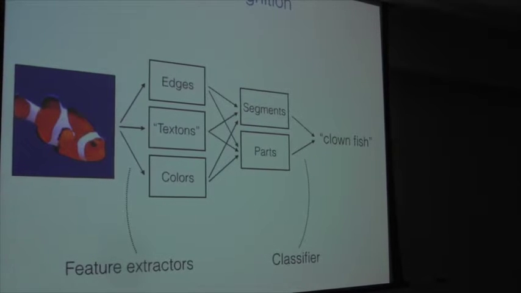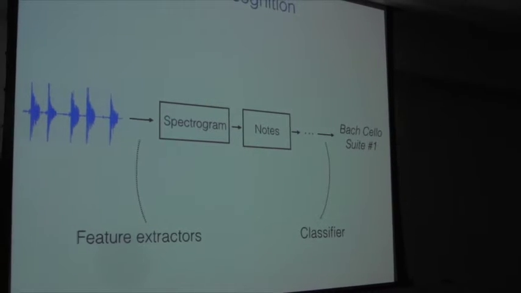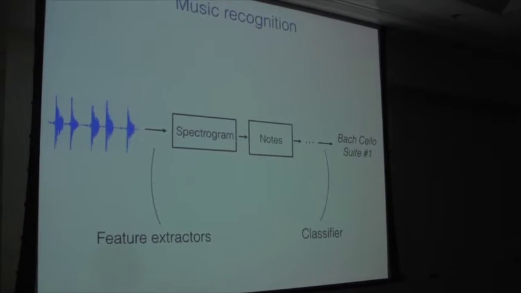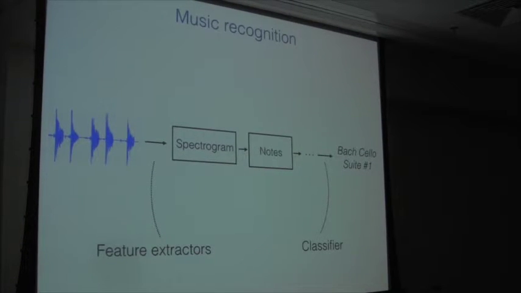Okay, so people did this in a whole lot of domains. For example, in speech recognition, or I guess this is an example of music recognition. You can take an auditory waveform, you extract some features like a spectrogram. You maybe start to group those together into a hierarchy of more and more complex representations. Like you get notes out, and then you put a classifier in the end, and it says Bach cello suite number 1.